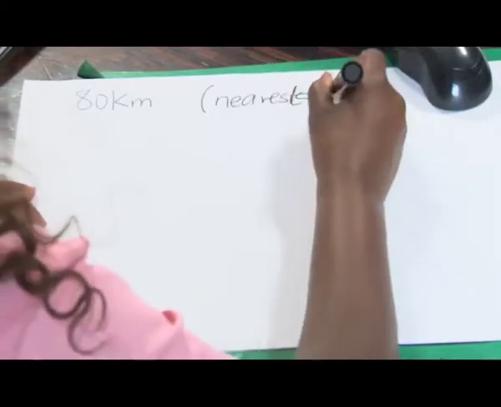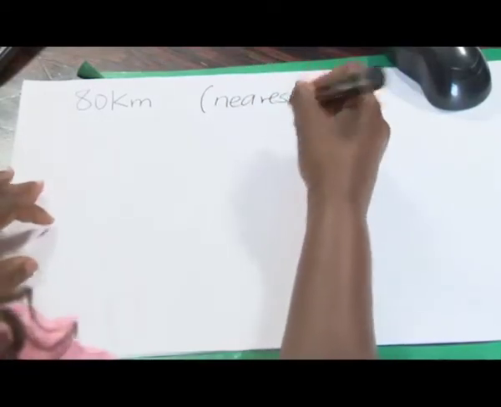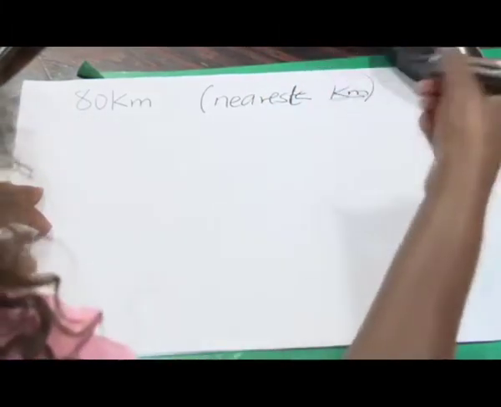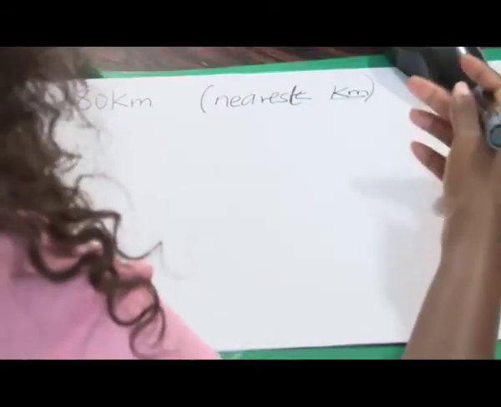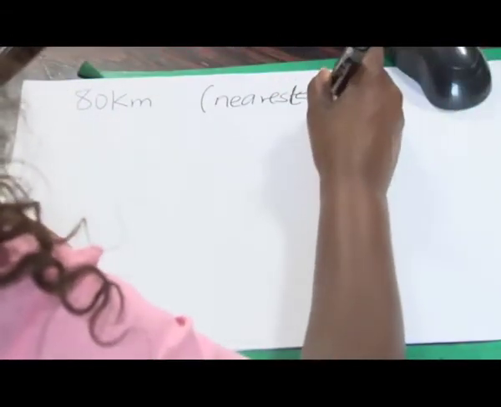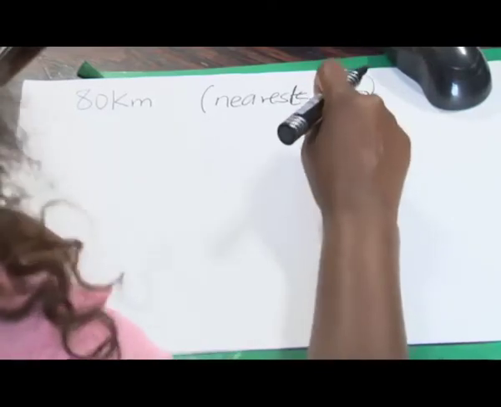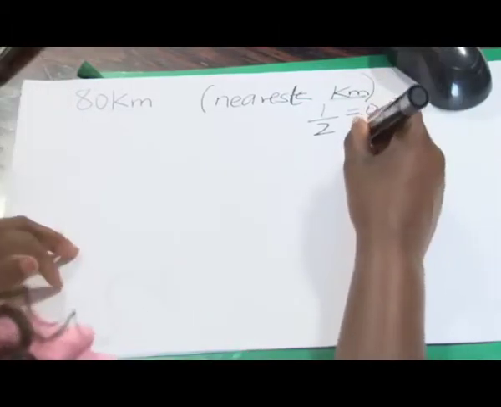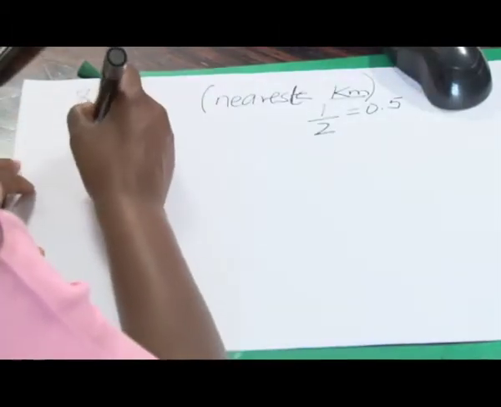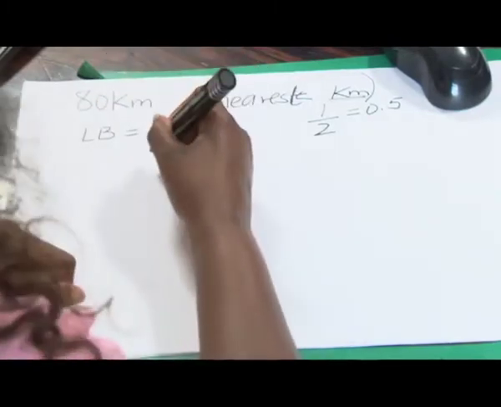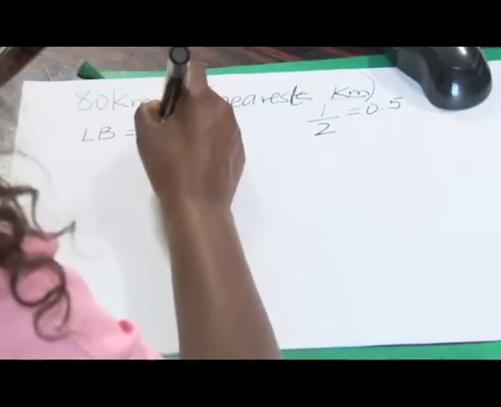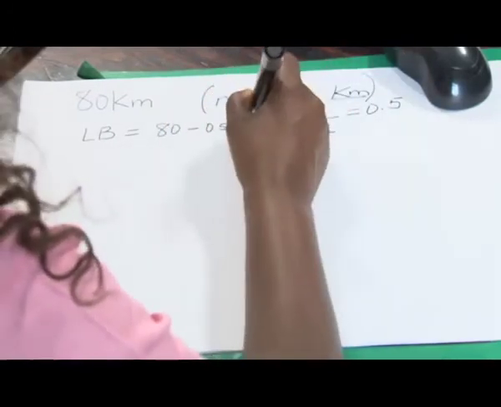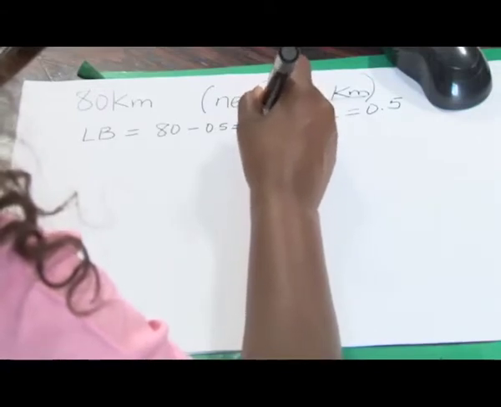If it's nearest kilometer, how many kilometers can you see there? It's only 1 kilometer. If I meant 10 kilometers, then I could say 10 kilometers, but in nearest kilometer it's just 1 kilometer. So then we take this 1, we always divide it by 2. 1 divided by 2, then we get 0.5. Now to find the lower bound, we abbreviate it with LB, we minus. That would be 80 minus 0.5, which will give us 79.5.